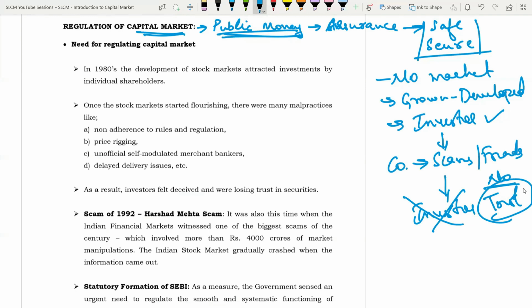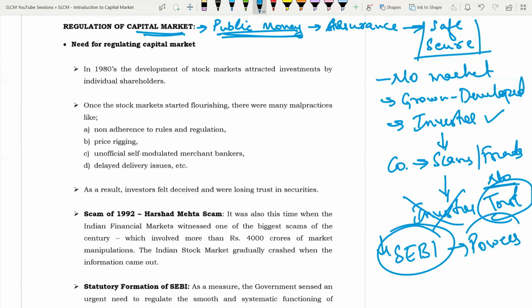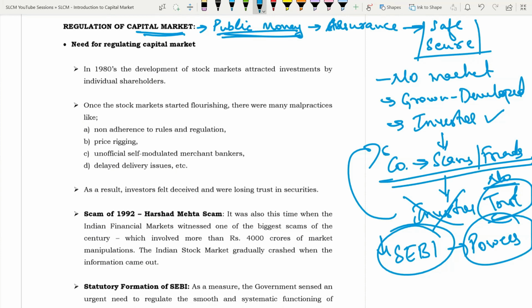At that point in time, they thought that we need a strict regulator like the Securities Exchange Board of India, which should be given a lot of powers to ensure that companies which are not following the rules and regulations, who are undertaking fraudulent activities and scams, should be stopped, and all the companies which are raising money from the public at large should be regulated.